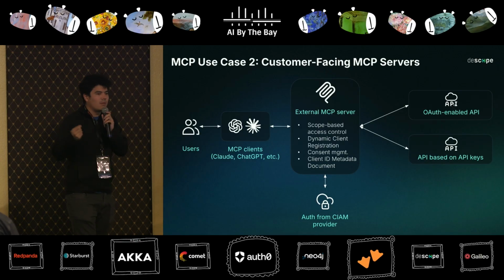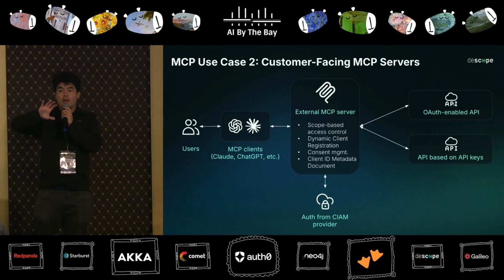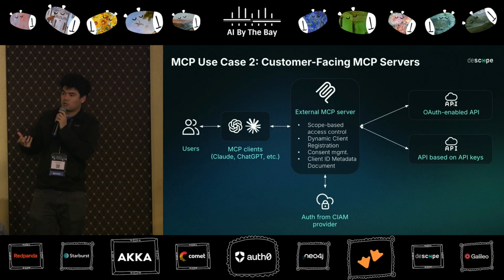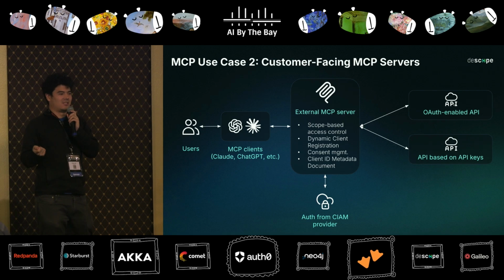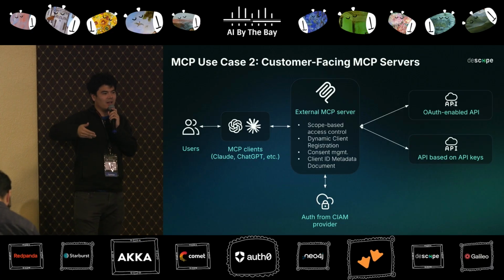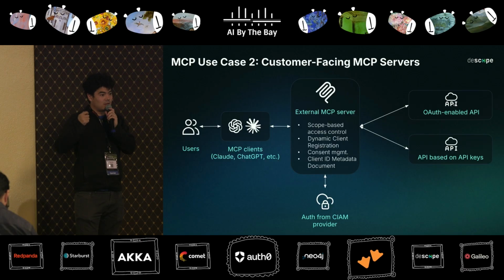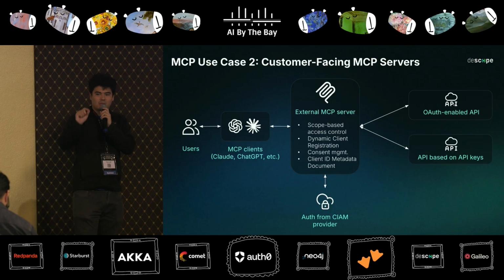And finally, consent management is a very big thing. Especially for an externally facing MCP server, you want your users to be able to actually understand what they're giving the agent access to. So they need to see a consent screen that makes it very clear that when I say authorize and connect to this agent or whatever, I'm giving the agent access to read from my calendar.